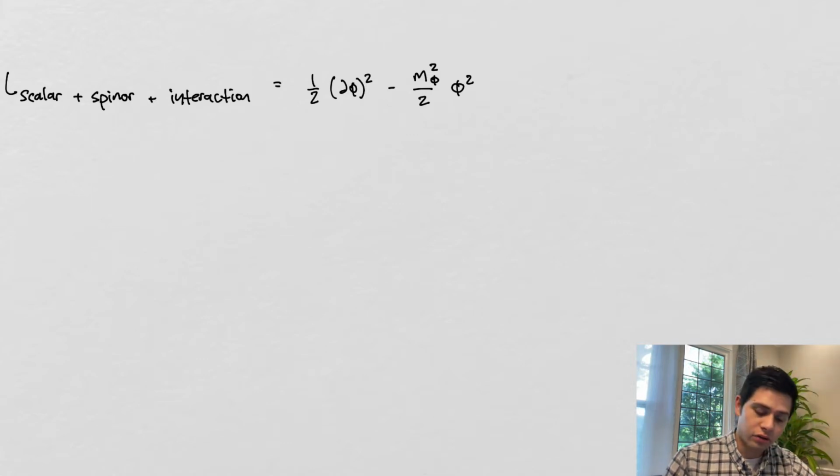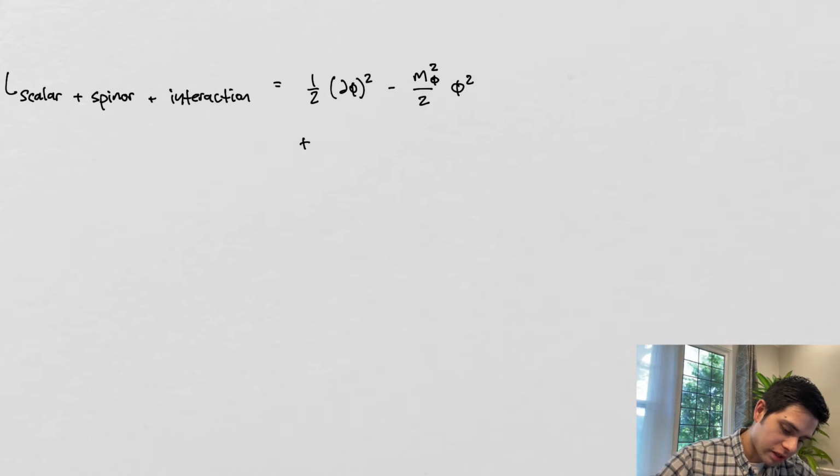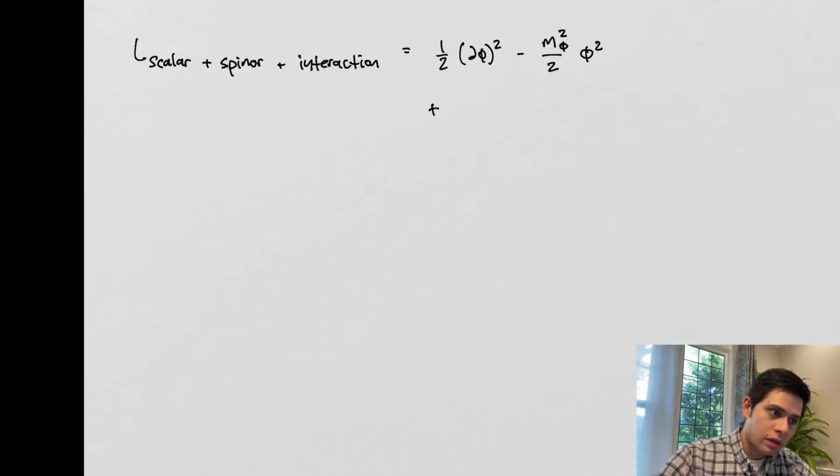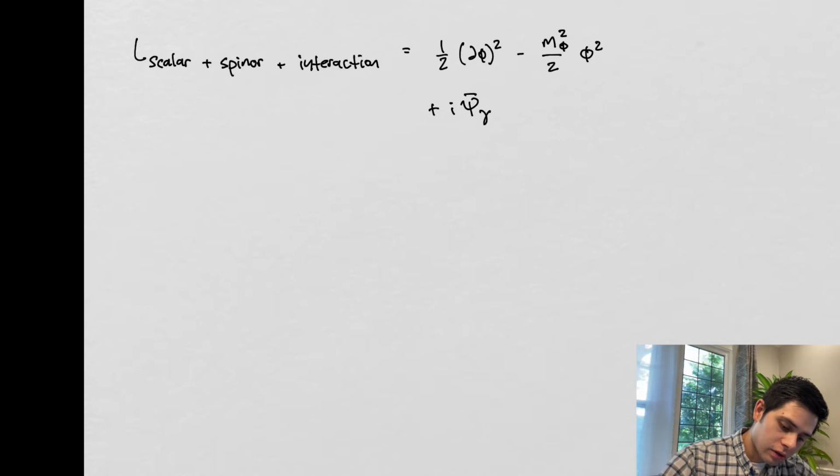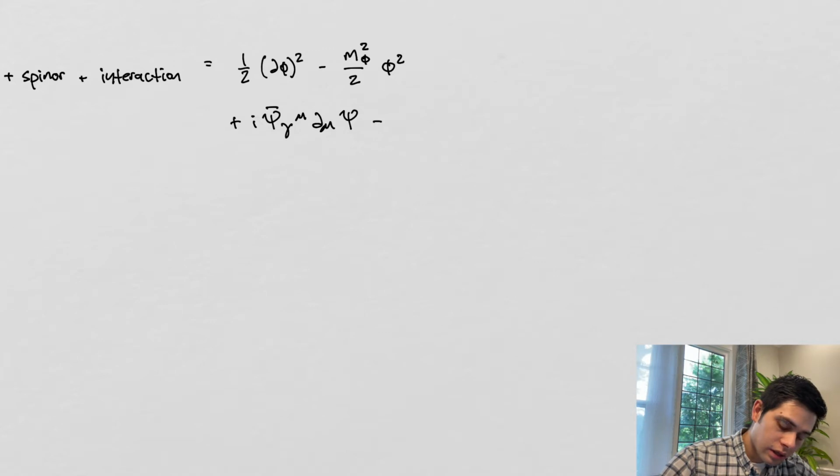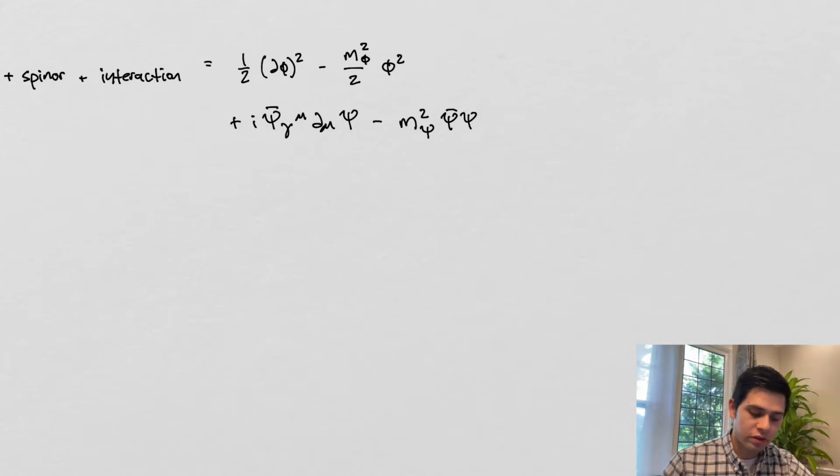And then we're going to have our Dirac term, so plus i psi bar gamma d mu, right, minus m, the mass of our spinor field, times psi bar psi, the complex conjugate times the spinor.